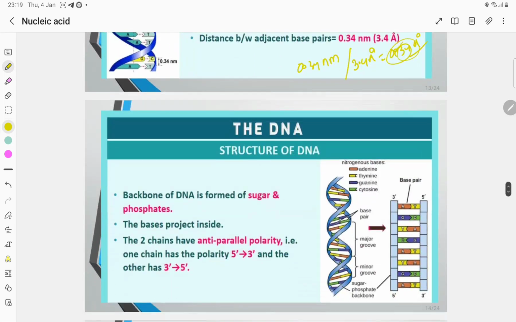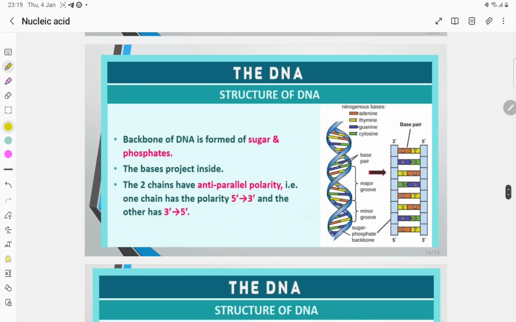Then, the backbone of the DNA is formed due to the presence of sugar and phosphate. The sugar helps to hold the nitrogen bases. Without the sugar, there is no existence of DNA.